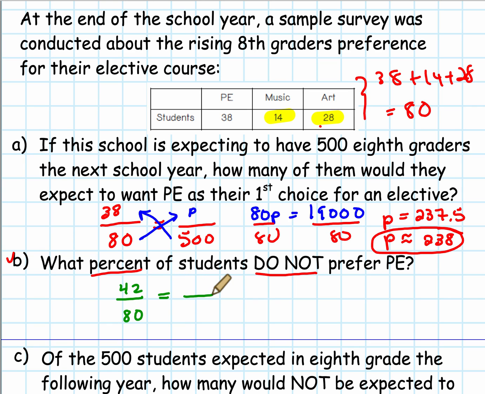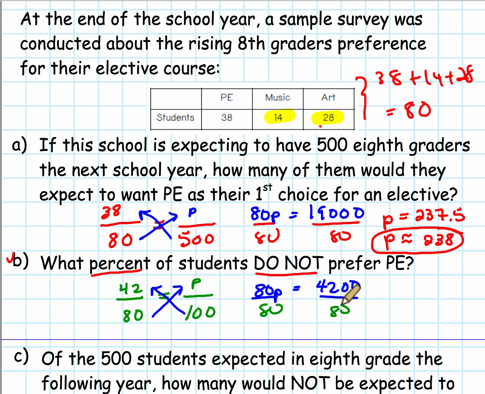This time we're looking for a percent, and a percent is always out of 100. So now I can solve. 80 times P, 100 times 42, which is 4,200. Now I divide 4,200 and 80 both by 80.